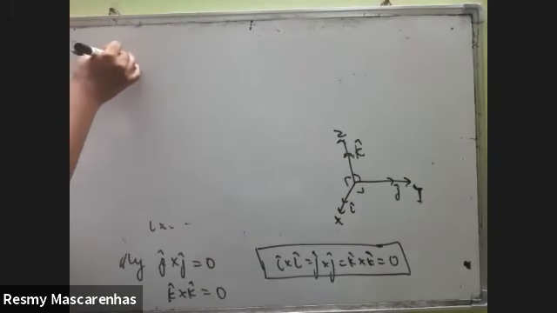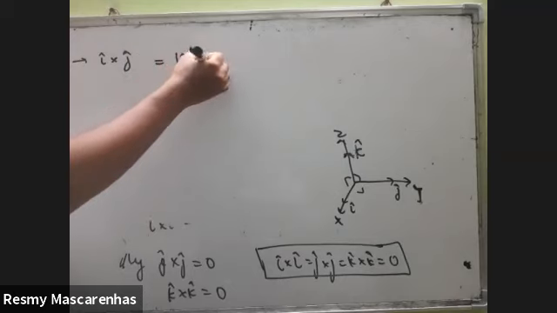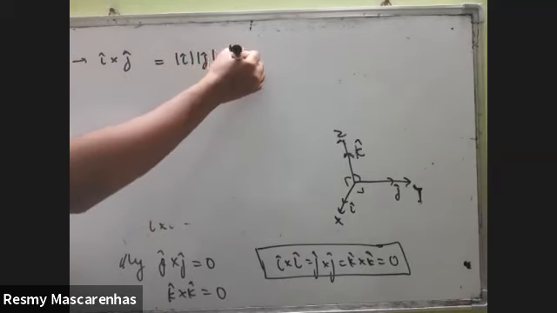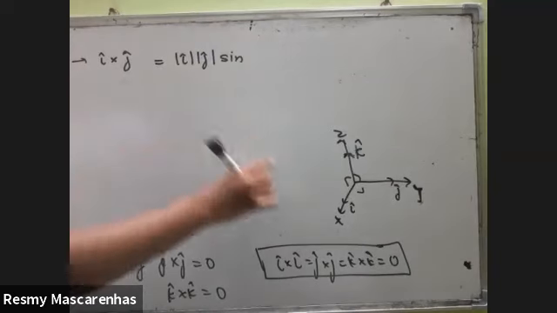Now I'll check with I cross J. Now what is the angle between I and J?